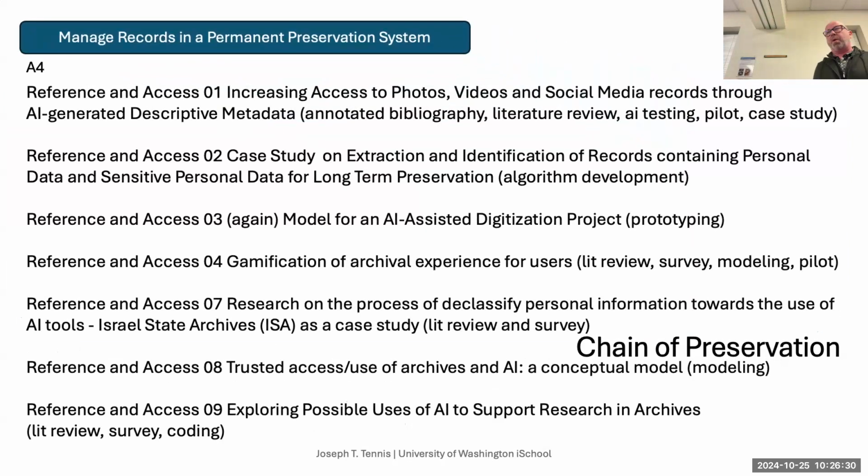And so now when we move to the final preservation, here we have a whole bunch of reference and access studies. So again, if we're worried about the controls in place for maintaining the identity and integrity of records, we're okay. I think we're doing okay study-wise as far as that's concerned. But we're definitely, as a group, focused much more on access, it seems like, which is super interesting.